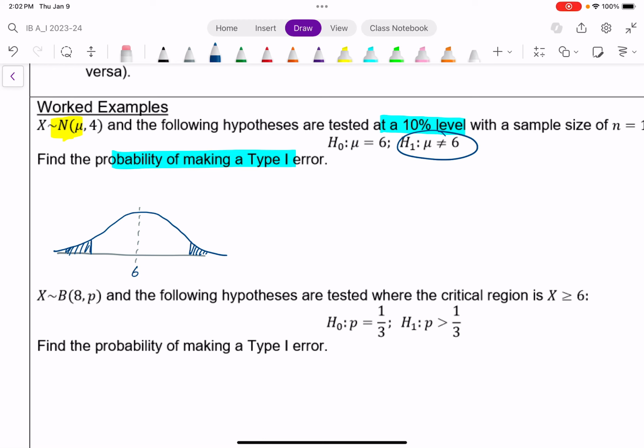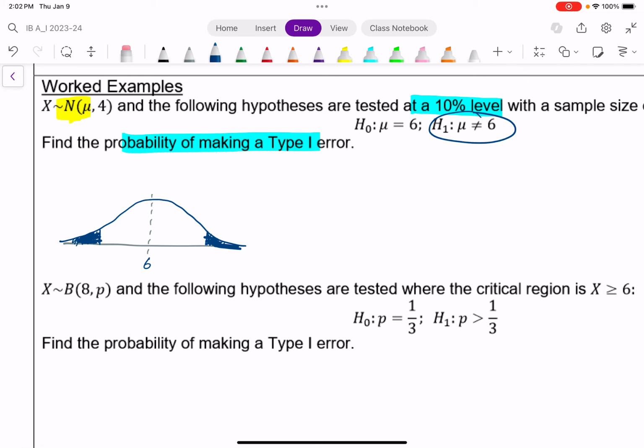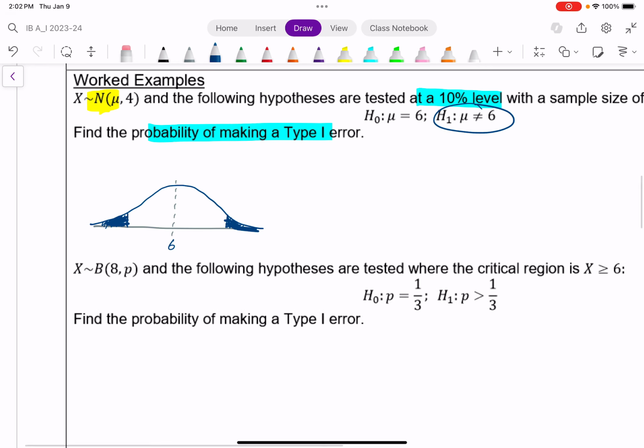And so these two regions together, if it turns out that our probability is within either of those two regions, then we are in a critical region, which means we should reject our null hypothesis. Because it is 10% altogether, this is a two-tailed test. That means this is 0.05 in area, this is 0.05 in area.